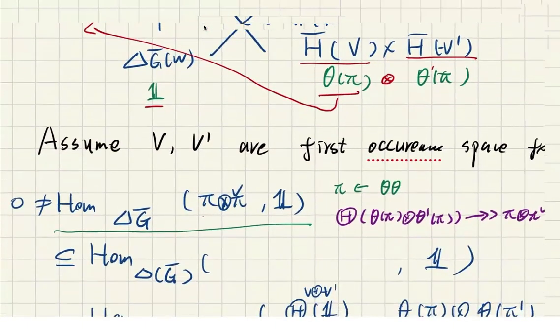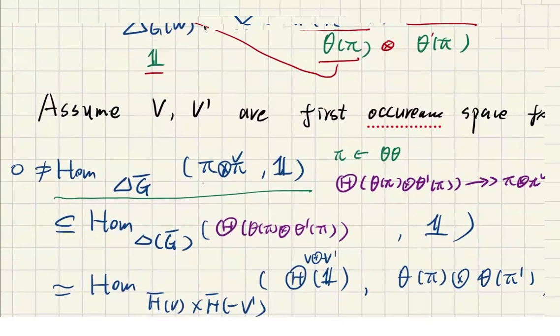Actually, so therefore, if this space is non-zero, then big theta pi tensor theta prime pi to the trivial representation is non-zero.